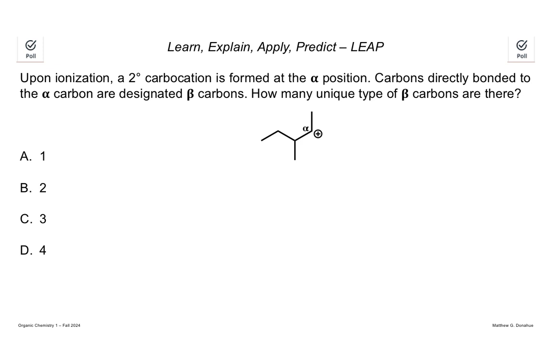So how many unique type of beta carbons are there? Again, I say unique because if there's not symmetry, they're going to be different, and they can form different carbocations should a rearrangement occur. So there's beta and then beta prime, so that's going to get you 2. And again, my advice is to always evaluate each of those independently so that you're confident in how you're disproving one over the other.